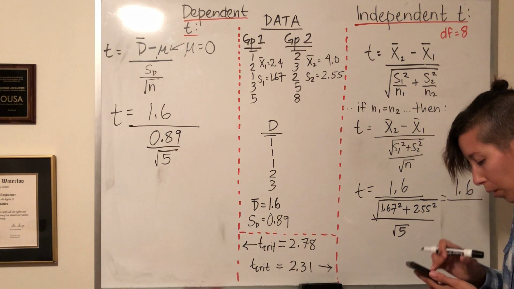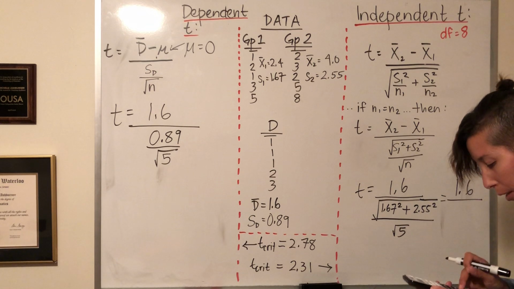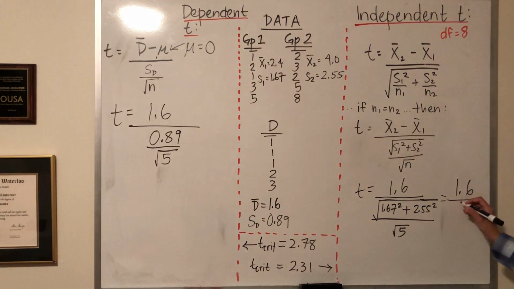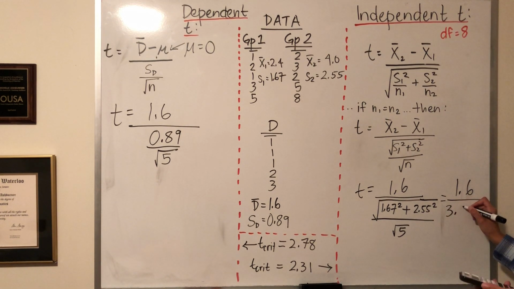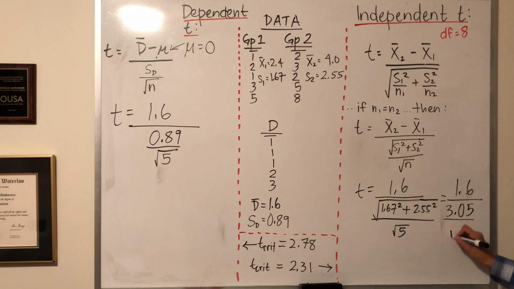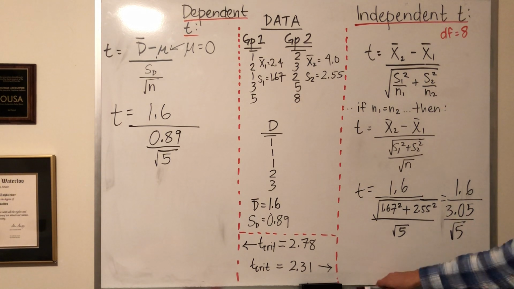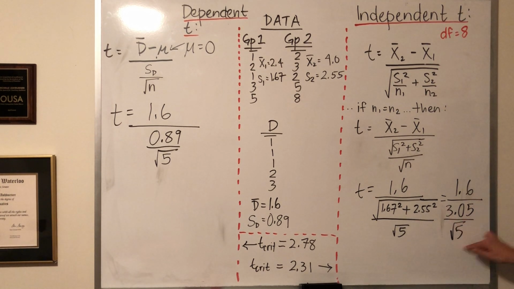And then I'll just square root it like magic in the calculator. Okay, so then this part of the denominator simplifies to 3.05, because we seem to be rounding. And I still divide this by root 5 before going 1.6 divided by this part.